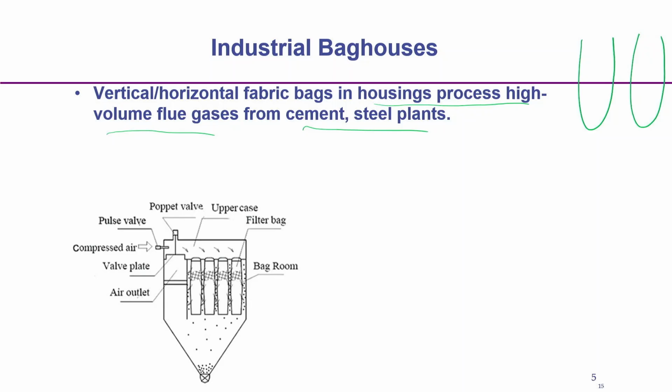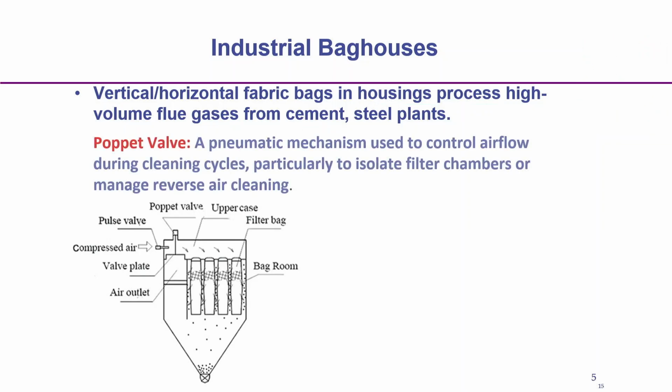So, this type of high volume gas is coming. Here in the system, if we see, there is a poppet valve, a pneumatic valve mechanism used to control the airflow during the cleaning cycle, particularly to isolate the filter chamber or manage the reverse air cleaning.